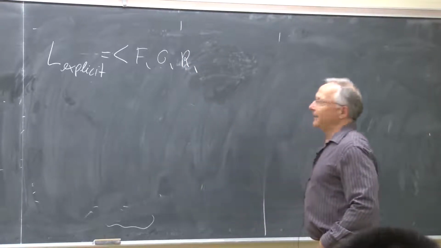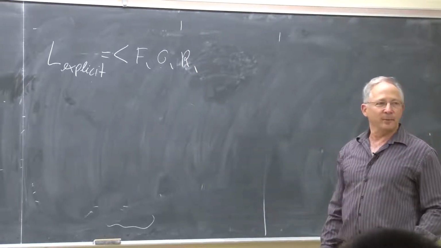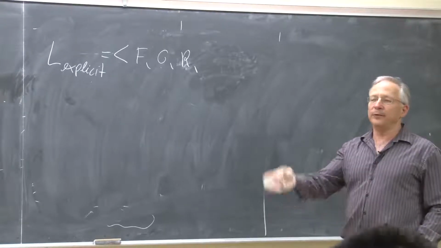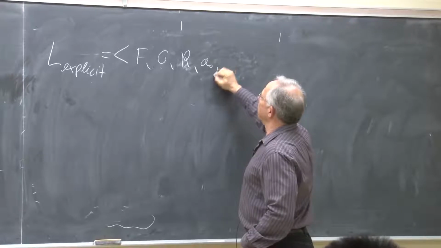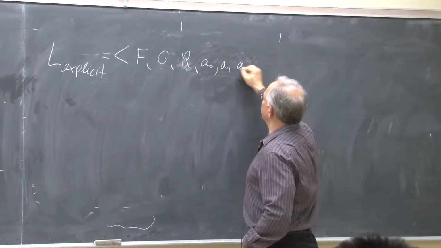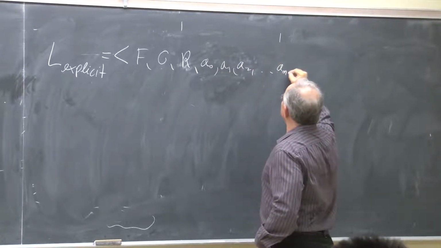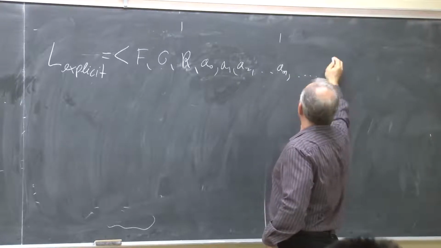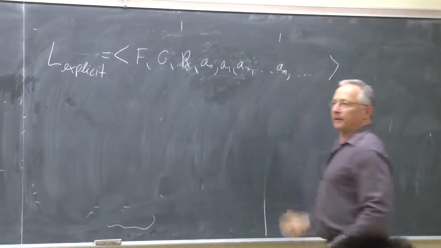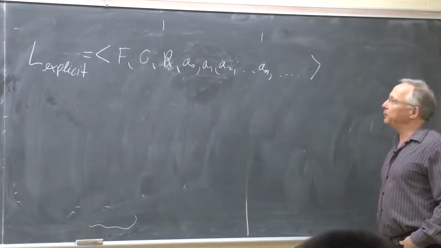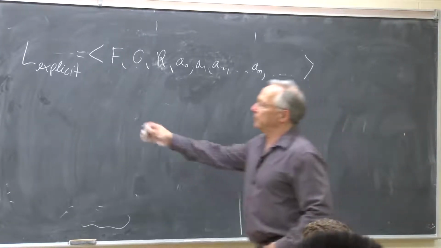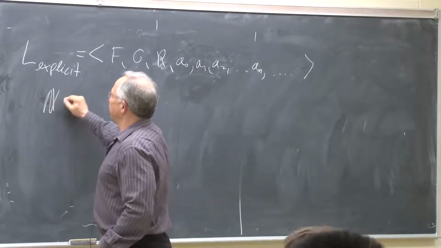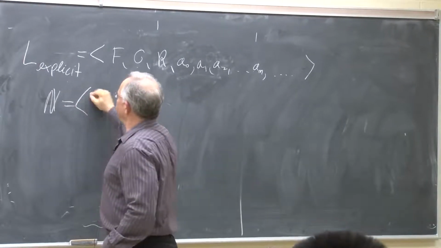I will have R, but instead of just having A and B, I will have infinitely many constants. I will have constants A0 for 0, A1 for 1, A2 for 2, An for n, and I'll have here Ai for every i. And that will be my language for the natural numbers.